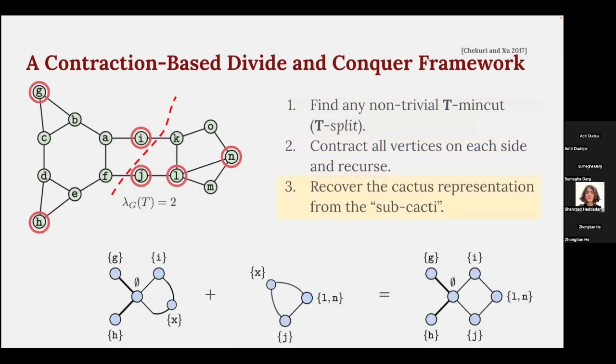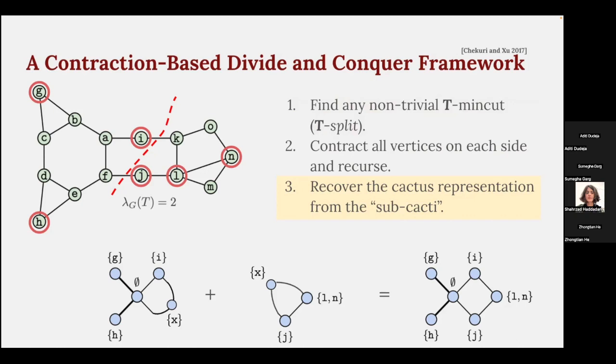And finally you recover it from the subcacti. How you do it is just by testing whether you should glue them as a larger cycle or you just glue them by an edge. So there are different cases, but you just believe me, you can do it by Maximal call, right? To distinguish the cut structure locally.